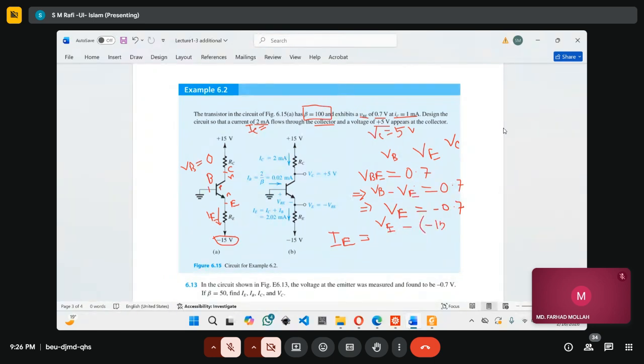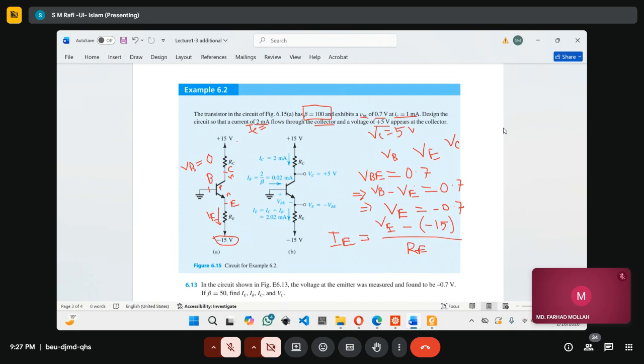Exactly. You understand this one? I just applied Ohm's law here. This resistance is connected between the E point and this point, so the voltage difference is VE minus negative 15, divided by RE, voltage divided by resistance.